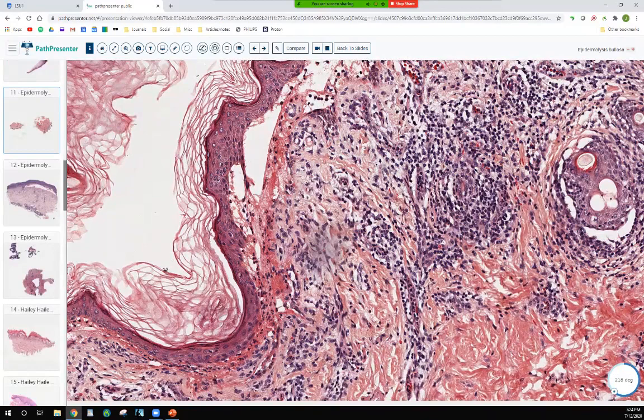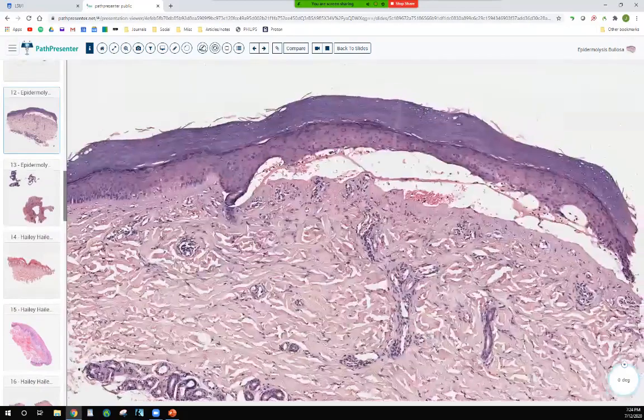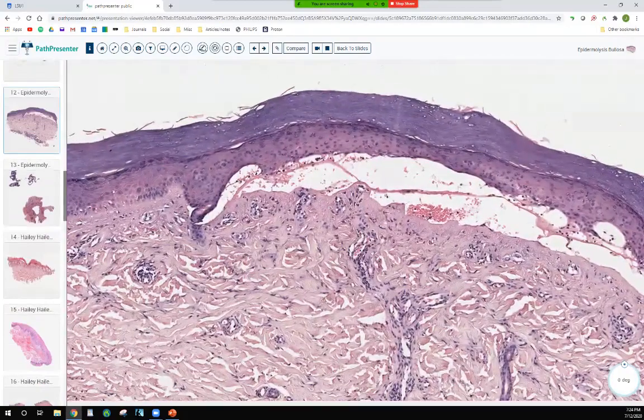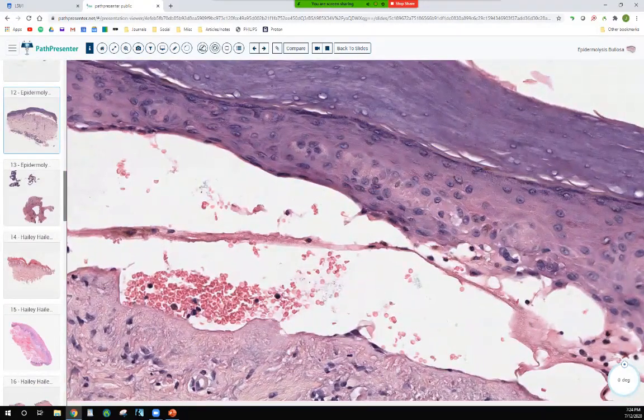Simplex can be at pretty much any level of the epidermis, and if you see areas where you suspect it could be within the epidermis itself, you're probably dealing with simplex. Here's another one. This one is not quite as good. This one really looks subepidermal to me, but if you look closer, you can see that there's something going on right here, maybe the beginnings of a split within the epidermis itself. So then that puts you in the category of intraepidermal splits.